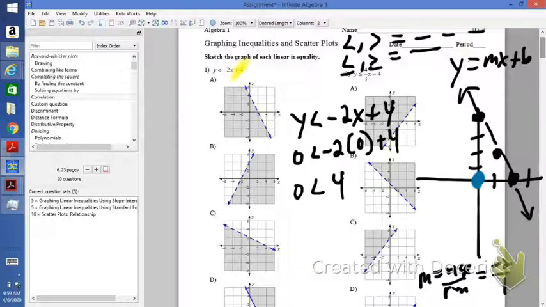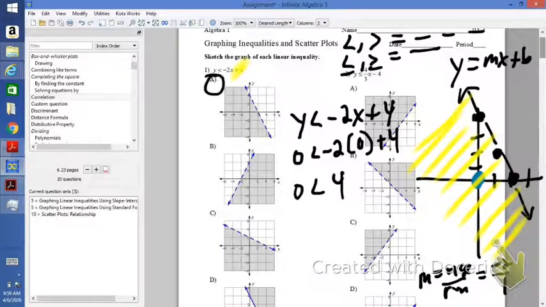Yes, it is. 0 is less than 4. Because it's a true statement, we shade toward the test point. This was your final step. Alright, so if we look, what graph does this match? It matches A here, so A is your answer.